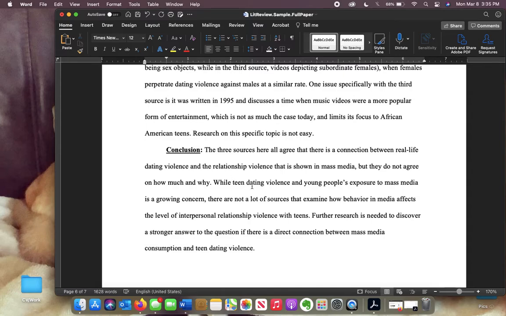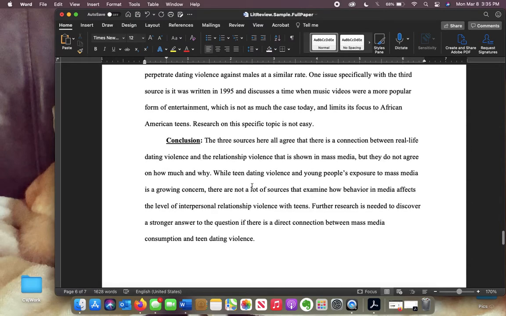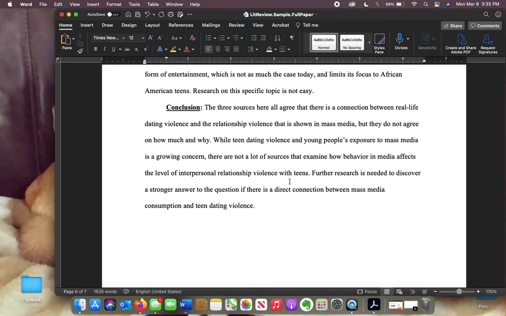And then, while teen dating violence and young people's exposure to mass media is a growing concern, we're spreading back out. We're starting specific with that particular thesis statement, and then we're going back out to talk about the subject in general. Teen dating violence and young people's exposure to mass media is a growing concern. There are not a lot of sources that examine how behavior in media affects the level of interpersonal relationship violence in teens.